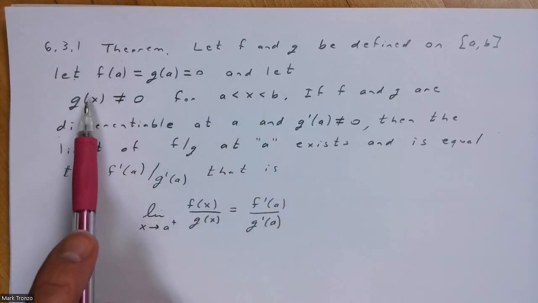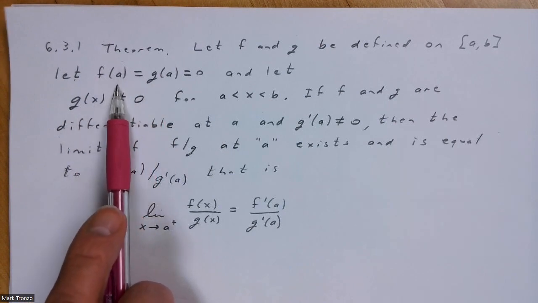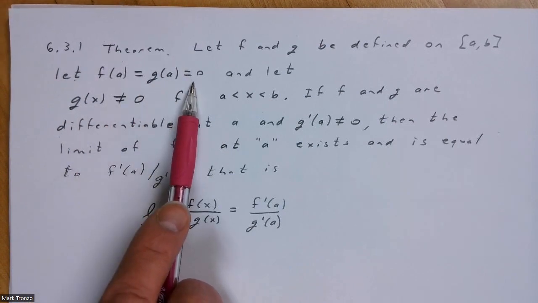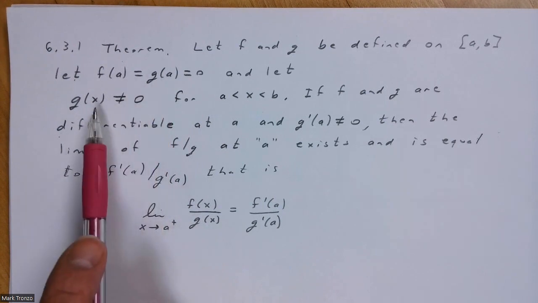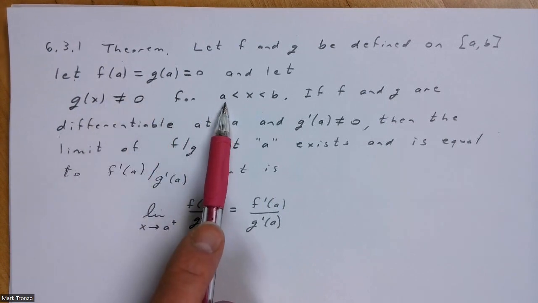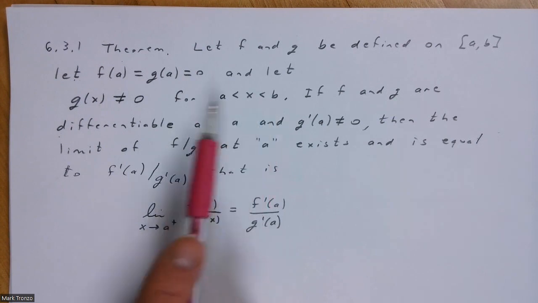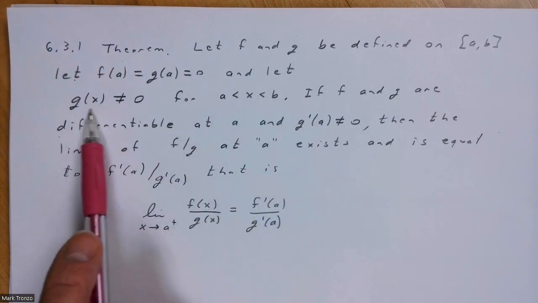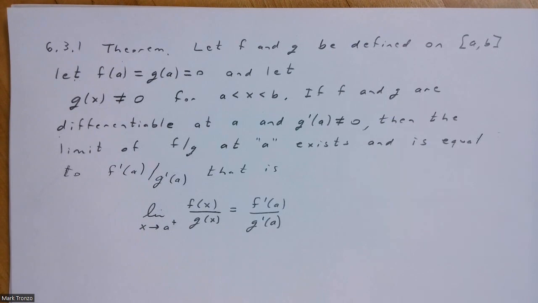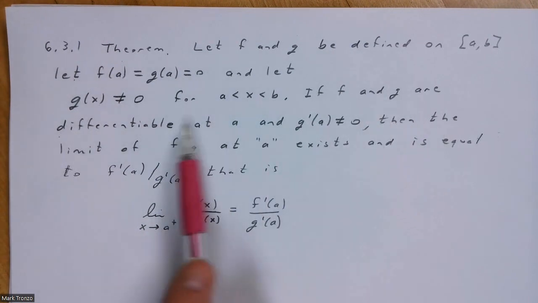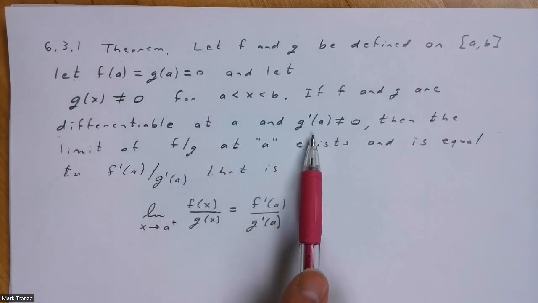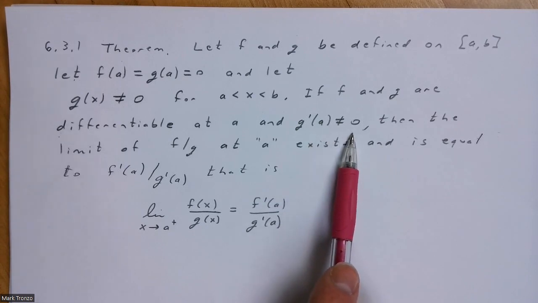So even though the functions f and g are 0 at a, at any point greater than a and below b, g of x is not 0. f and g are differentiable at a, and g prime of a is not 0.